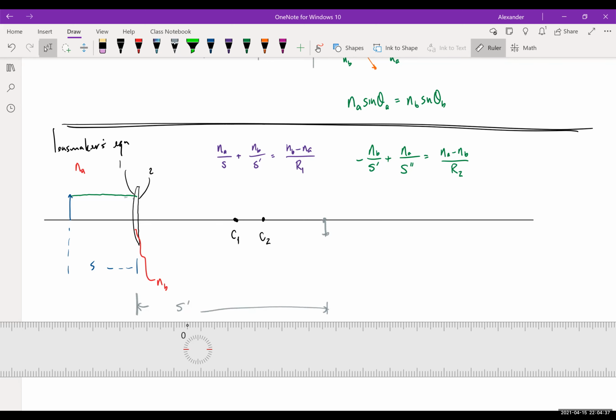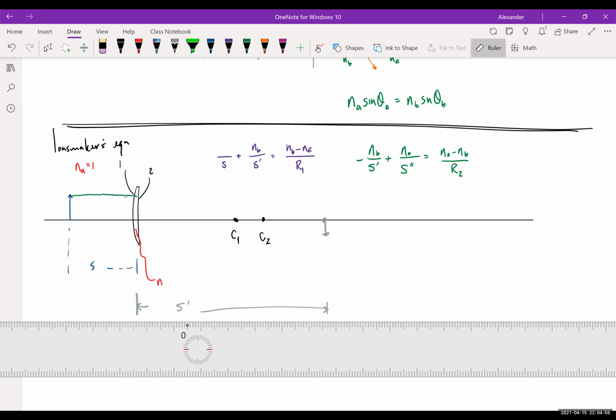I know we're already out of time, but we are close to done with this. Suppose that the outer medium is air, such that n sub A is close to 1. Then we can just call this little n.